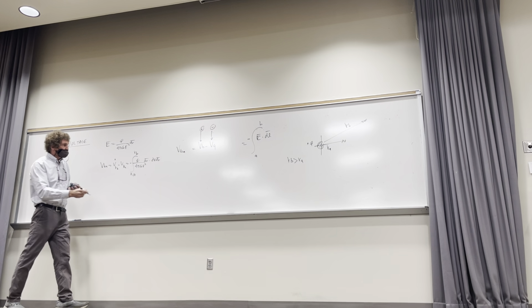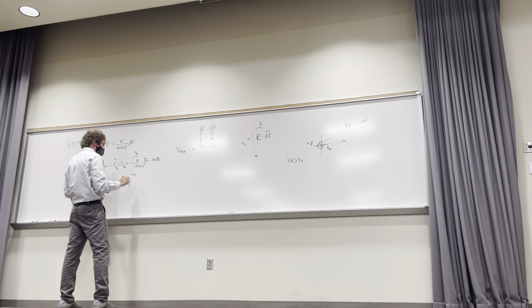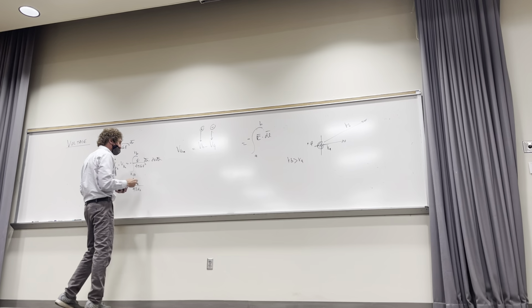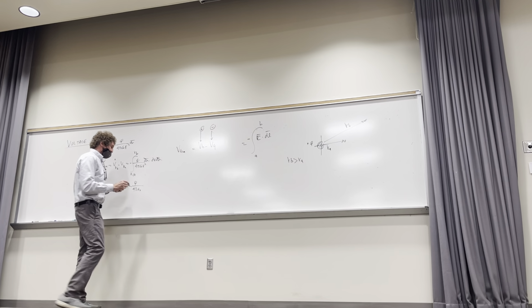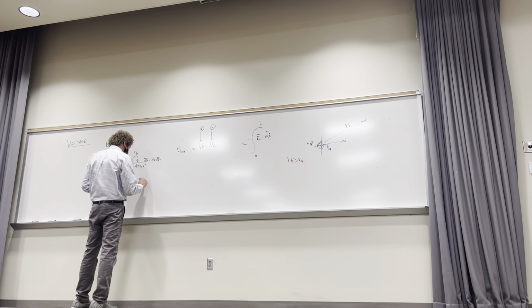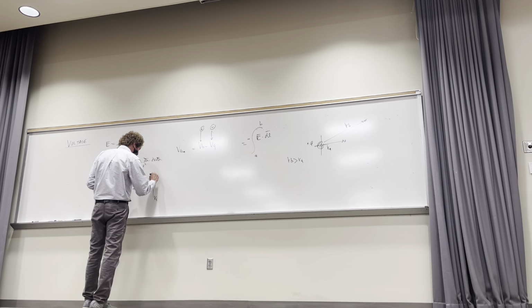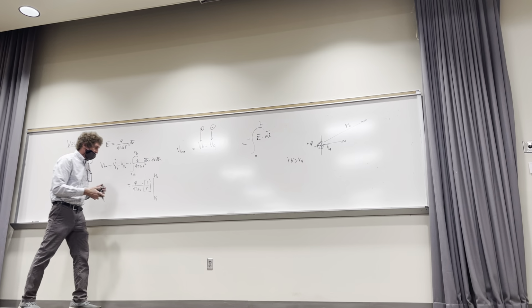So when you do this, AR is 1, and I'm going to get a value that's going to be Q over 4 pi epsilon naught. And then when I integrate 1 over R squared, I get minus 1 over R, correct? So I have minus quantity 1 over R, evaluated from RA to RB.